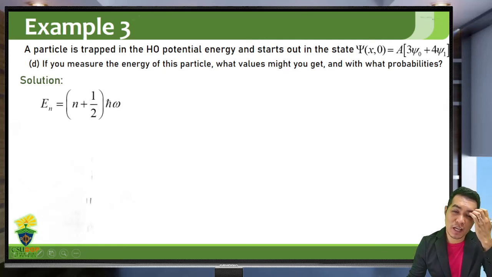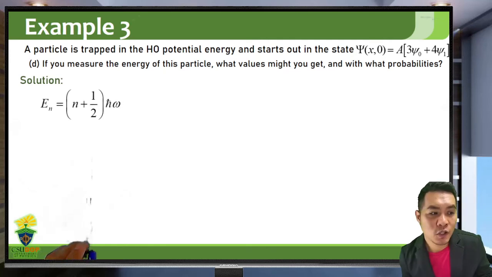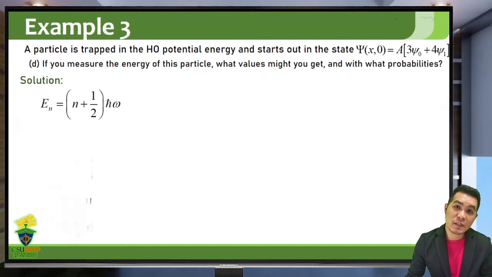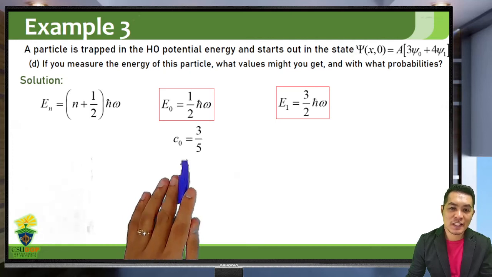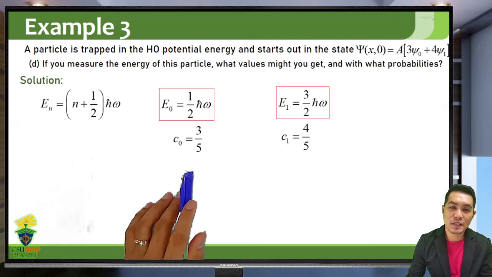So if you measure the energy of this particle, there are only two possible values, E0 and E1. E0 is 1/2 h bar omega and E1 is 3/2 h bar omega. The linear combination coefficient C0 is 3/5 and C1 is 4/5.